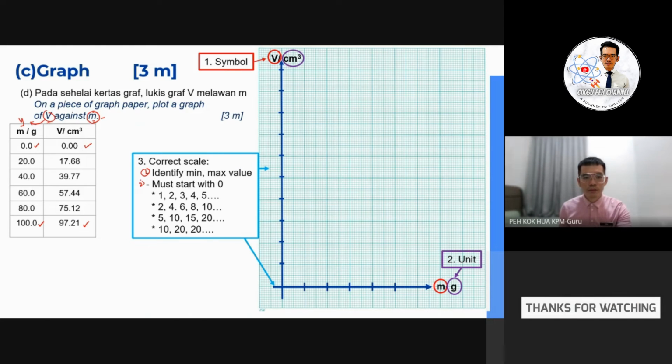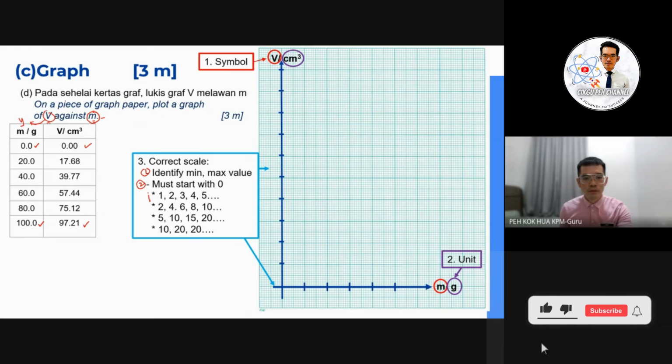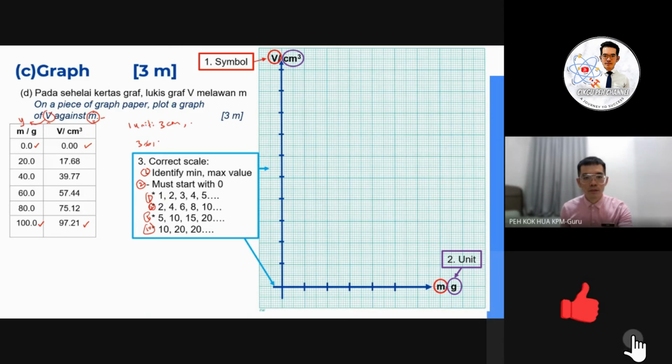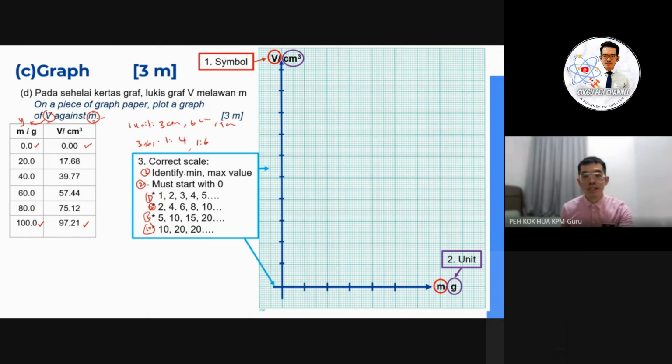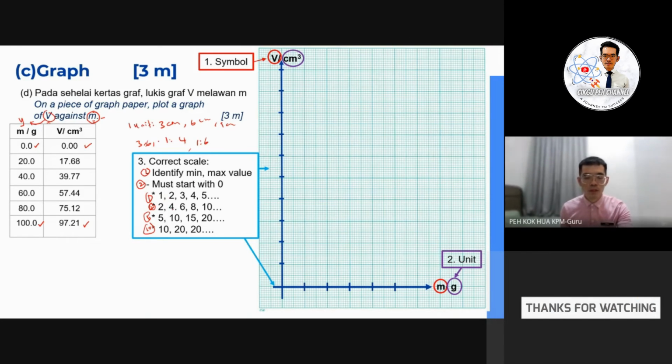Second, your scale must be in multiples of 1, 2, 5 or 10. We cannot give a scale with multiples of 3, for example 3, 6, 9, where 1 unit represents 3 cm. We do not accept 1 unit representing 4, or 1 unit to 6, and others. So we have to follow multiples of 1, 2, 5 and 10.